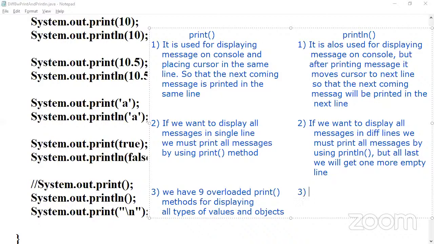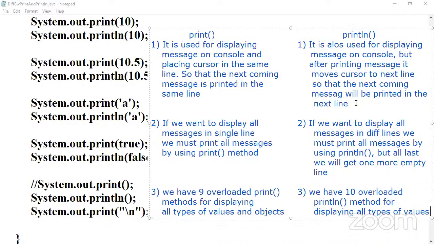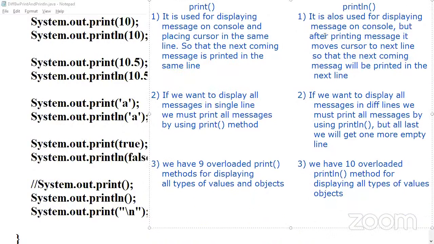Third point, we have 10 overloaded println methods for displaying all types of values and objects. Okay?